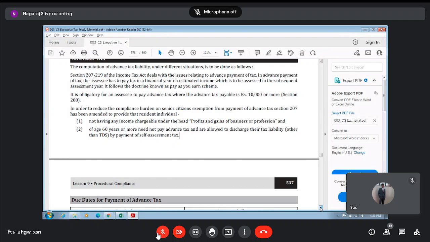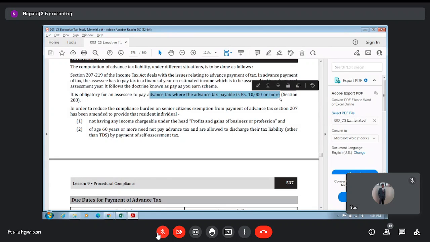See, I told you advance tax liability is payable if it is 10,000 or more. In the example, the advance tax is 5,62,500, right? That is advance tax. Whatever tax you are going to pay during the previous year is advance tax.